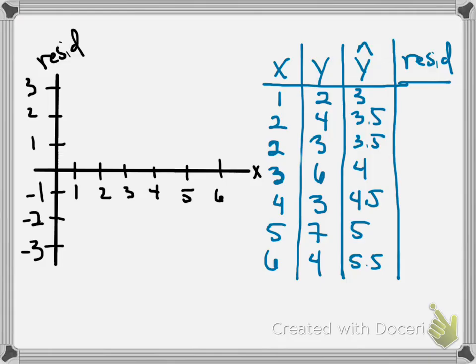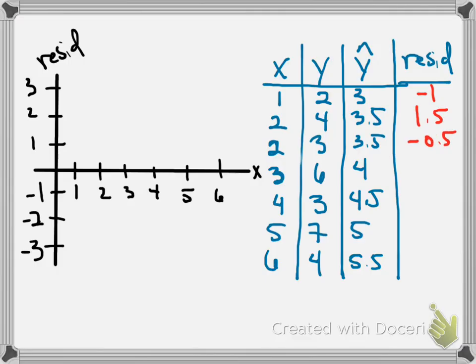We know that our residuals are y minus y hat. So for this first point, I need to take 2 and subtract off 3. That gives me a residual of -1. For the second point, our residual is going to be a positive 1.5. For the third point, it's going to be -1/2.